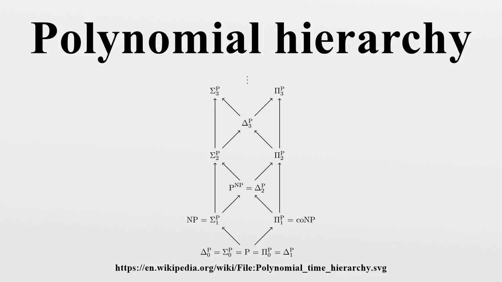If the polynomial hierarchy has any complete problems, then it has only finitely many distinct levels. Since there are PSPACE complete problems, we know that if PSPACE equals PH, then the polynomial hierarchy must collapse.